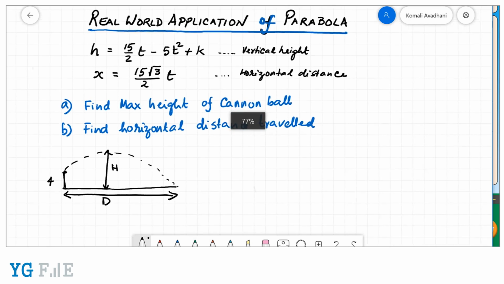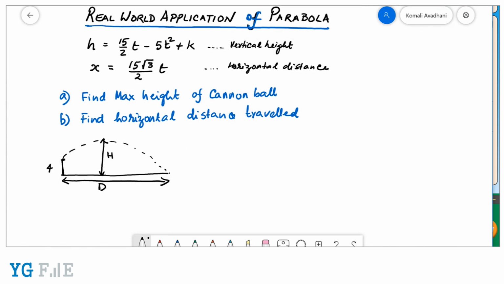So first, let us write the equation that was given here. We are given h equal to 15 by 2 t minus 5 t square plus k. The equation is not completely defined because k is unknown, and first we have to find k. For that, at time t equal to 0, the cannonball's height is 4 because it is getting released from the height of 4.